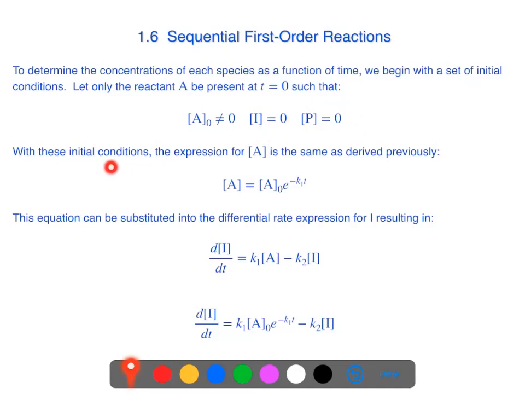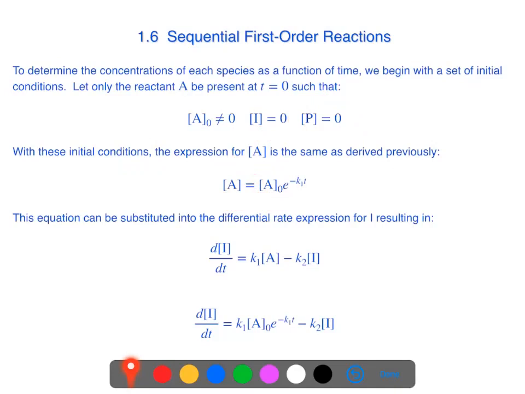So under these conditions, the expression for A is the same as what we derived previously, that the concentration of A is going to be dependent upon the initial concentration of A times e to the minus k1t. So this is the exponential form of our first order reaction.